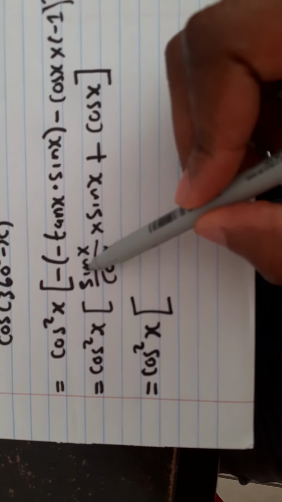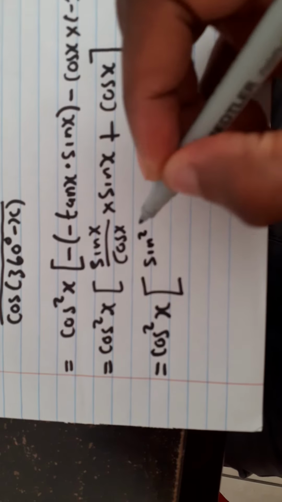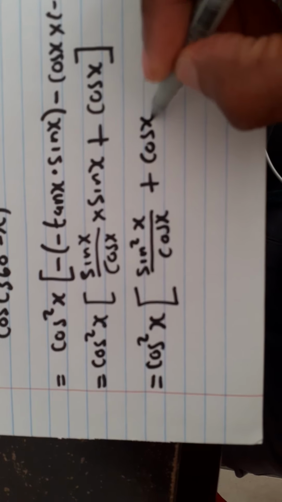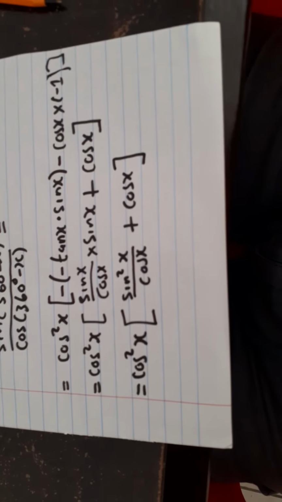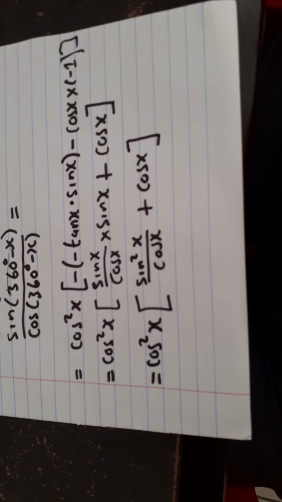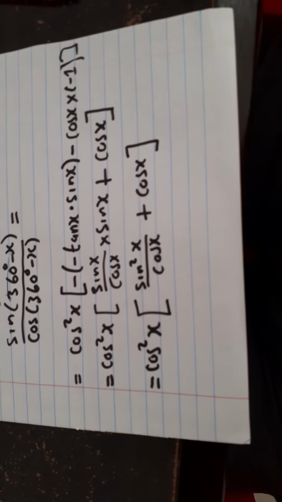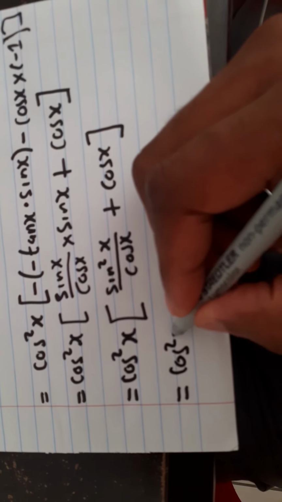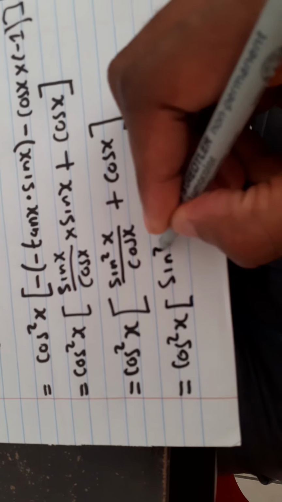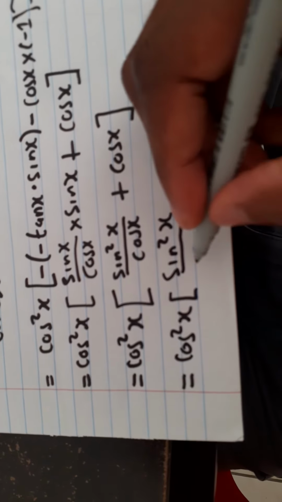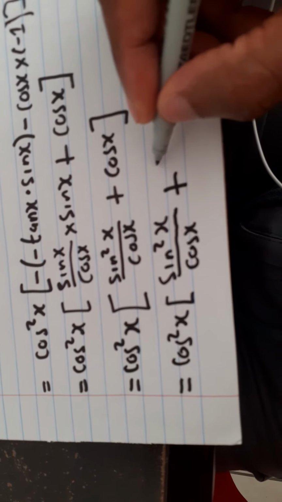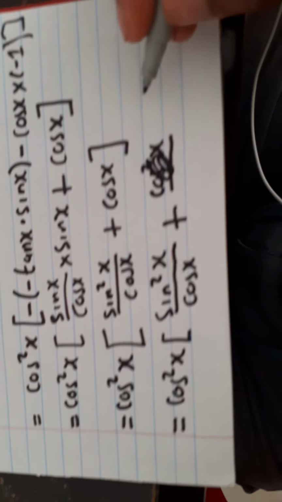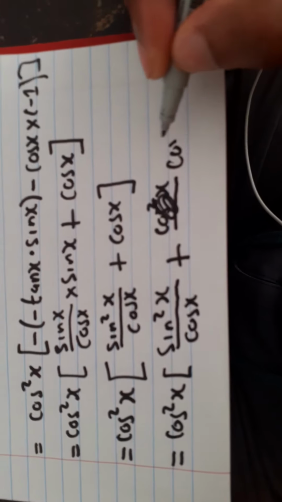Then you can multiply sine times sine is sine squared x divided by, so lanuani, we need to find the lowest common denominator, but which in this case is just cos x. So lanu it's cos.